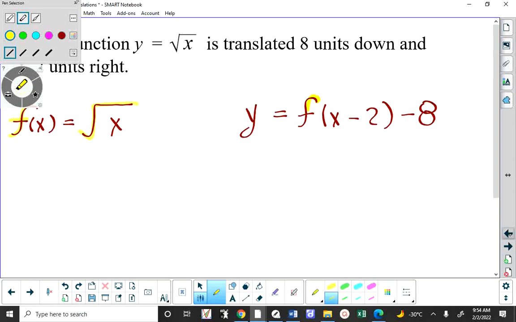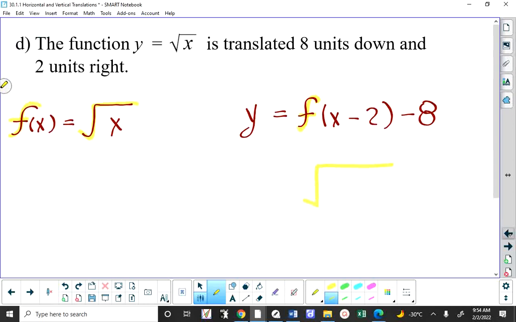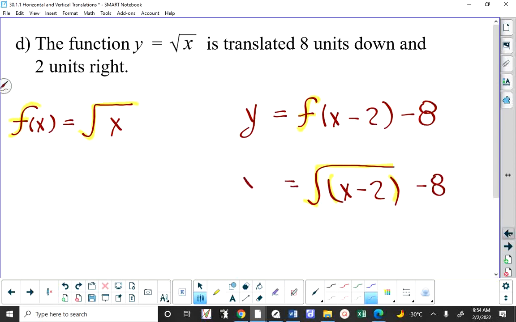So f is going to mean square root of x minus 2. And then we have our minus 8, and this is y equals. So there's our answer.